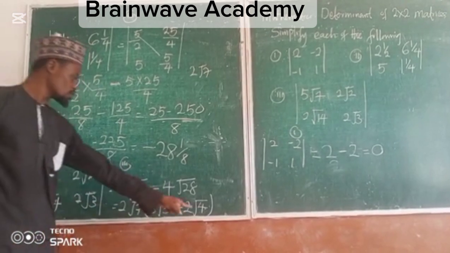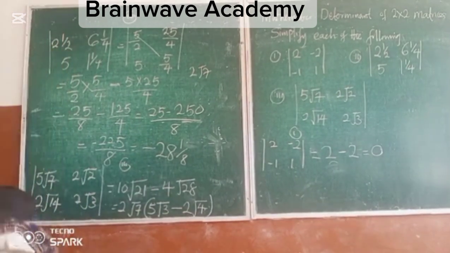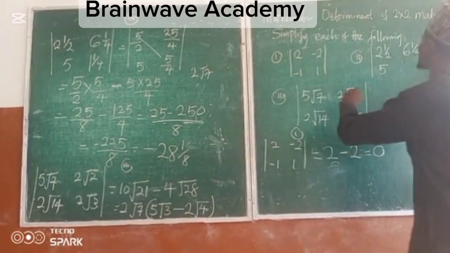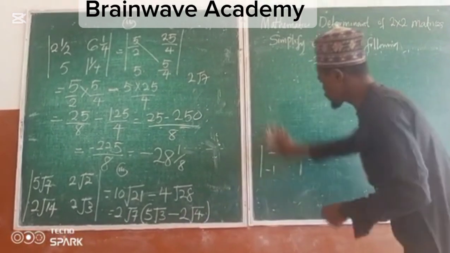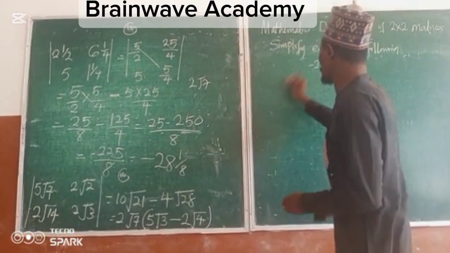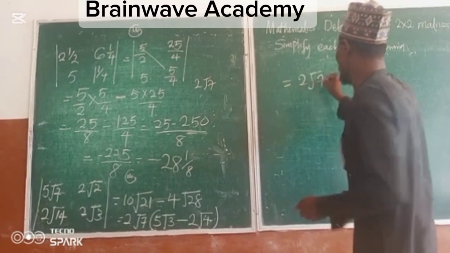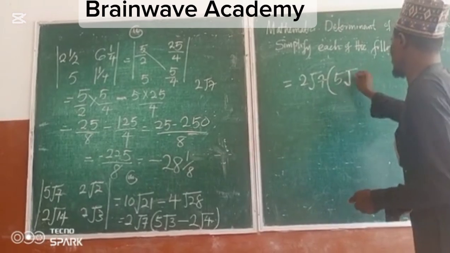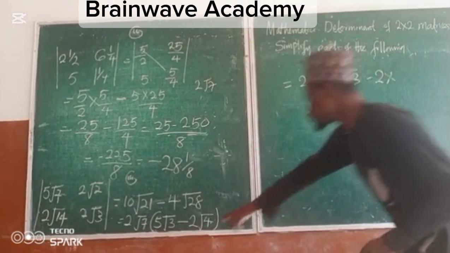Even though this root 4 is a perfect square, we can continue. Which means we now have equal to 2 root 7, open bracket, 5 root 3 minus 2 times root of 4.